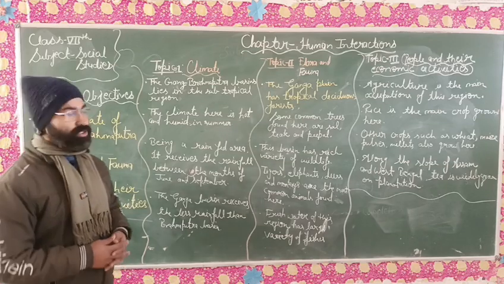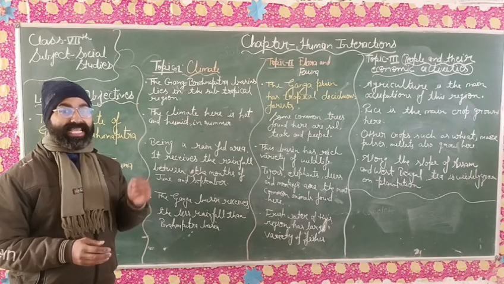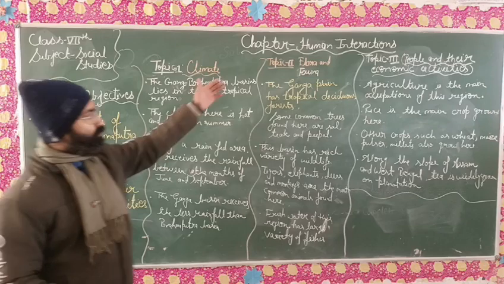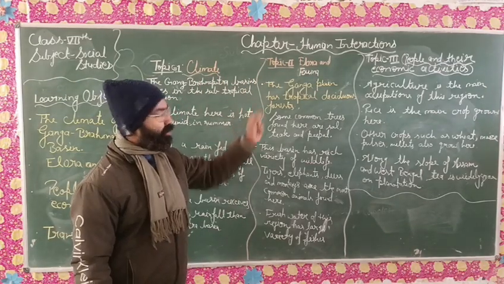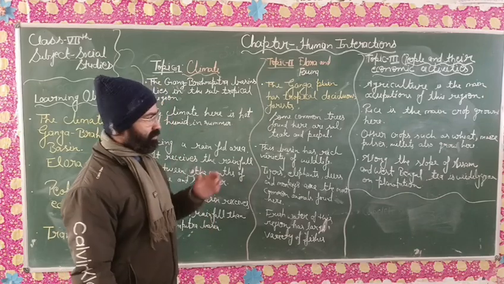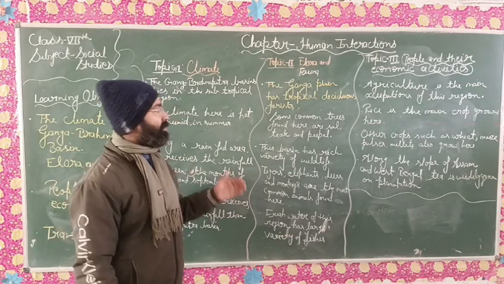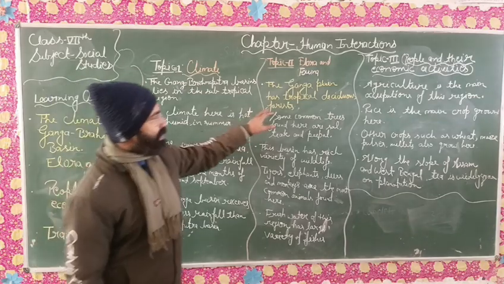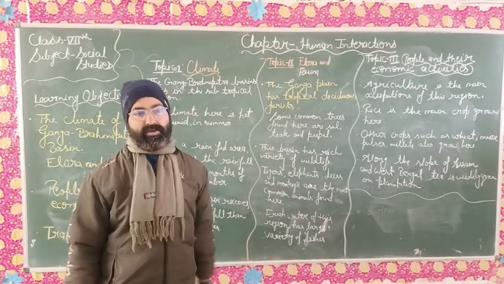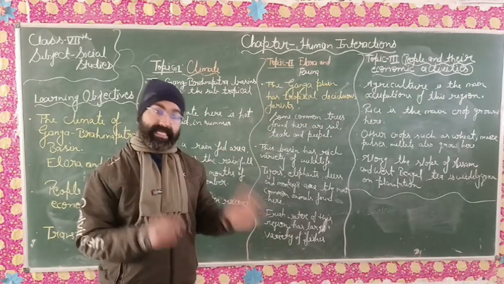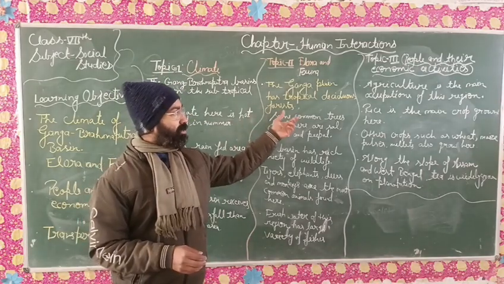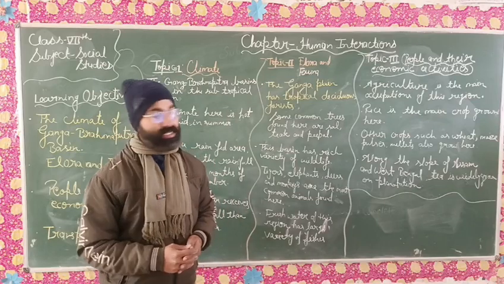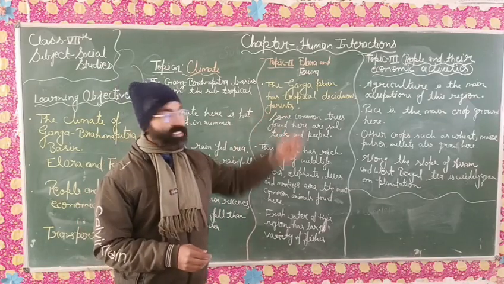Students, moving ahead, our next topic is flora and fauna. Flora means plants and fauna means animals. This is a very simple thing, as you know. The Ganga plain has tropical deciduous forest. It means the forest that is located in the tropical region, and these are deciduous.